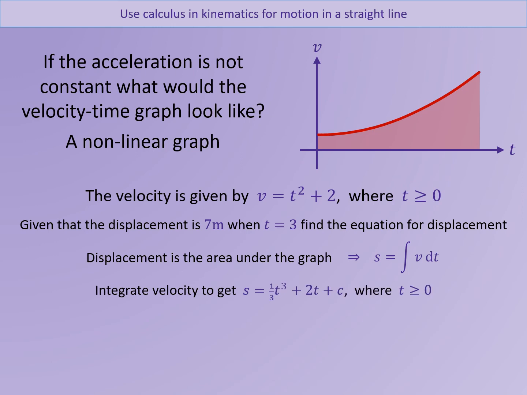So if we integrate v here, we get a third t cubed plus 2t plus a constant. We don't know this constant at the moment, but we can then use the extra information we were given to find that constant. If we substitute in t equals 3 and s equals 7, this will tell us the value of c.